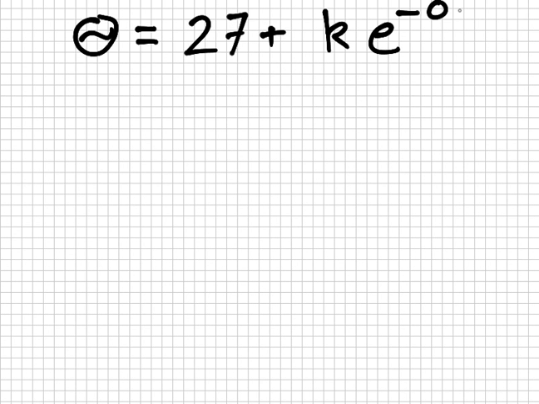So on page 66, question 1, you're told the temperature of a cup of coffee is given by this formula: 27 plus K e power minus 0.2 t.